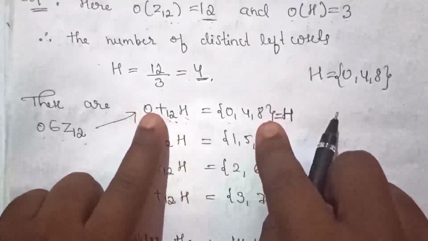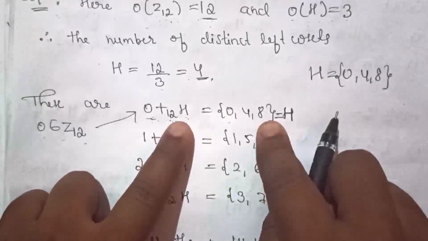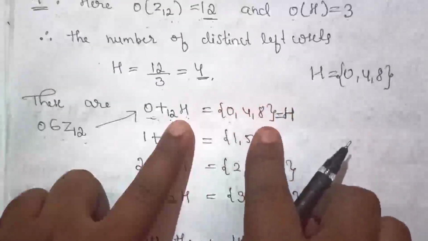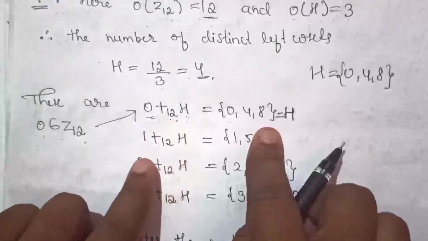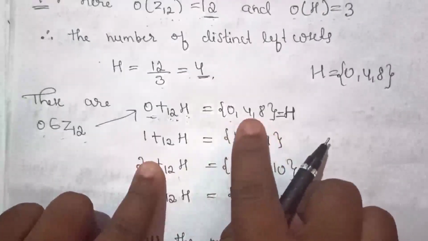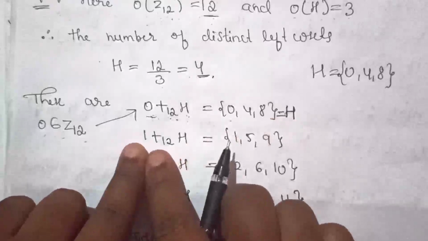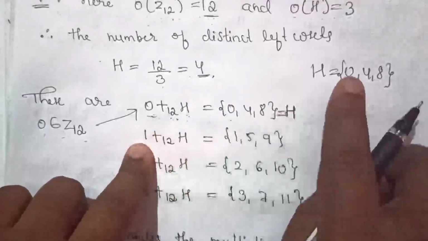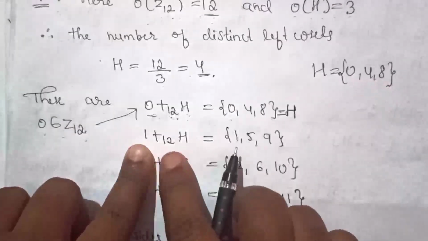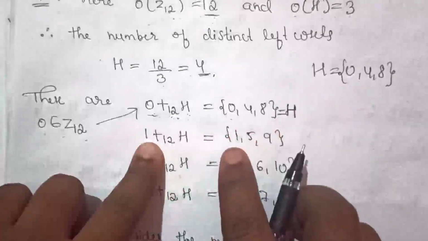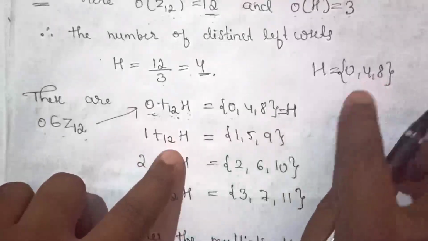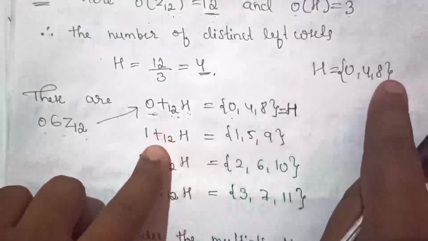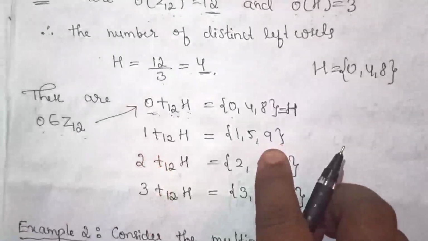Here we don't go for the division because these are all less than 12. Therefore the remainder will be 0, 4, 8 only. Next we have to operate 1 with all these elements. So 1 plus 0 equals 1, 1 plus 4 equals 5, 1 plus 8 equals 9 only.